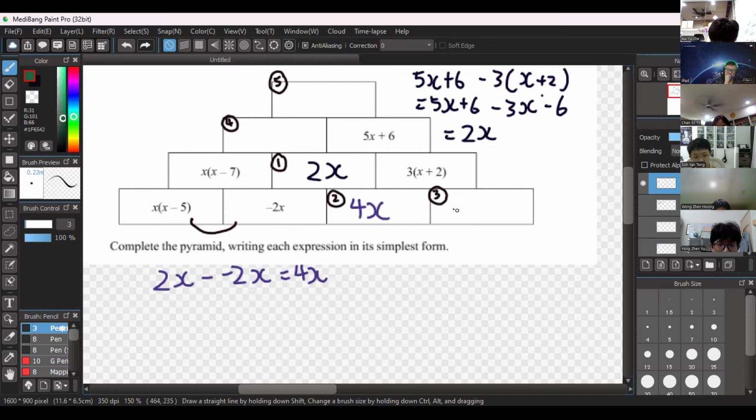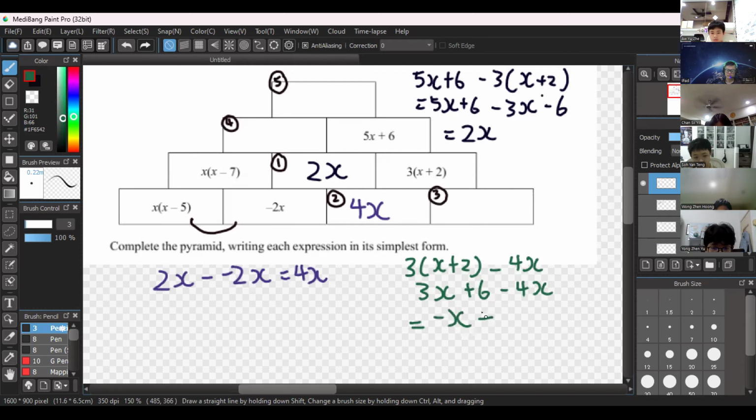Okay, moving on to number 3. This one will be 3x plus 2 minus 4x, which equals 3x plus 6 minus 4x. So 3x minus 4x equals negative x, and plus 6 will remain the same. So this one here will just be negative x plus 6.